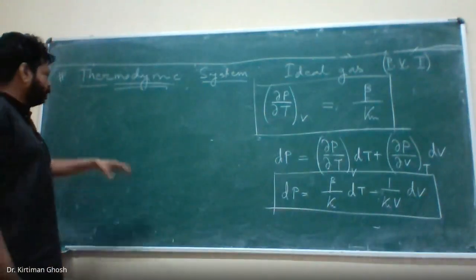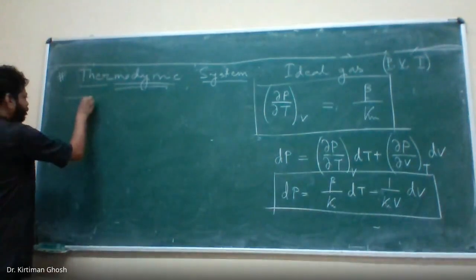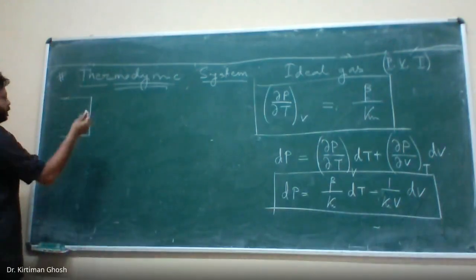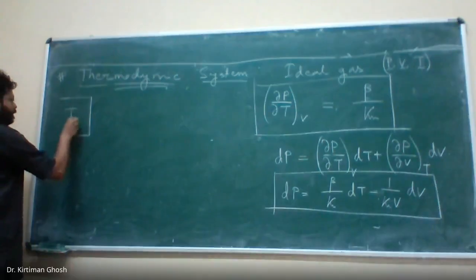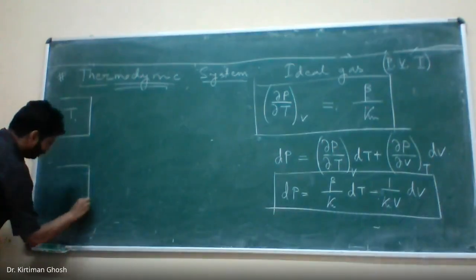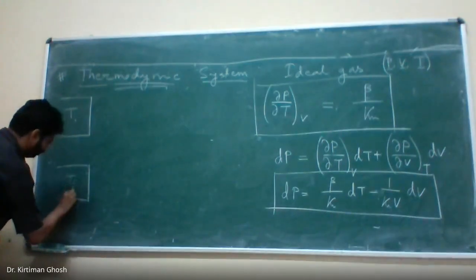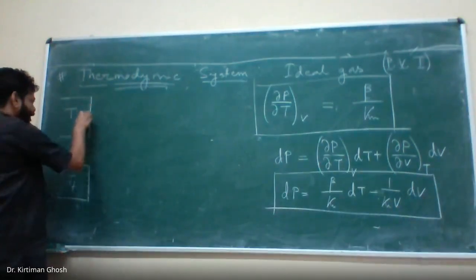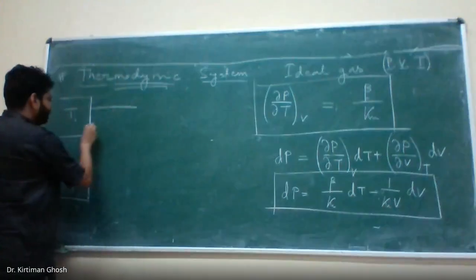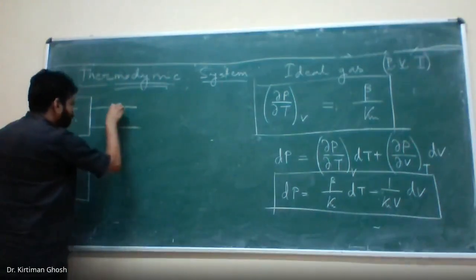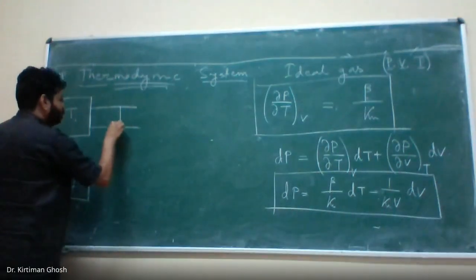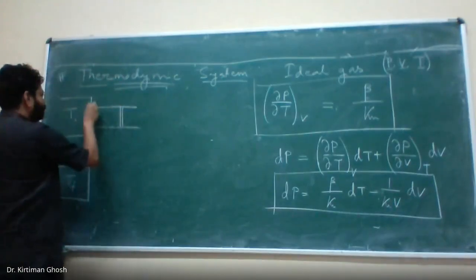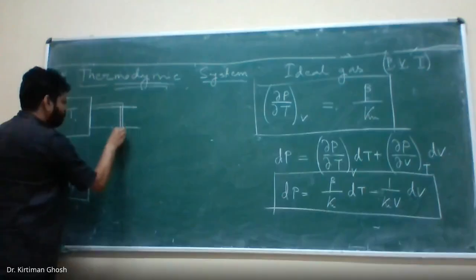If I ask the following question, let us assume that I have two heat reservoirs, one at temperature T initial and another at temperature T final. I take a system of ideal gas and put the system in contact with this reservoir. The piston here is an adiabatic piston, and all other parts of this cylinder are adiabatic.